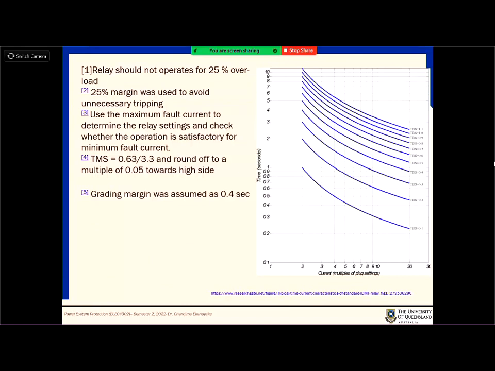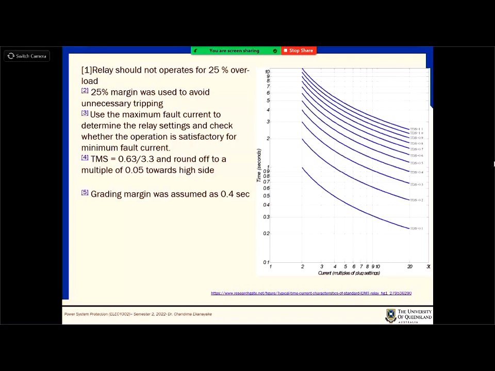Number one is that the relay should not operate for 25% overload. What does that mean? The pickup current should be more than 25% above the load, which means that the relay will allow 125% loading. Because sometimes, during summer conditions, our transformers are overloaded for a short time duration.